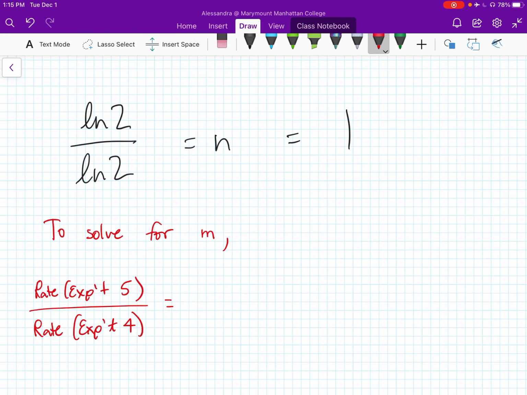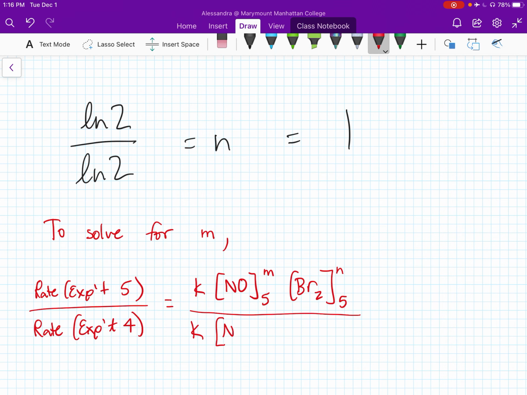That is going to be equal to k times the NO of experiment 5 raised to the m power, times bromine for experiment 5 raised to the n power, but I know now that n is equal to 1, over the same thing for experiment 4. So the concentration of each reactant for experiment 4 raised to their respective reaction orders.